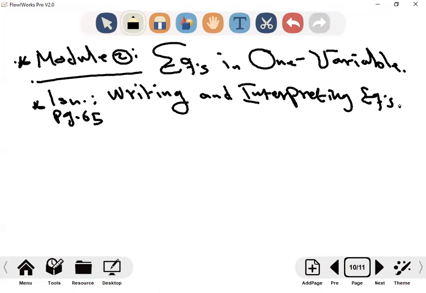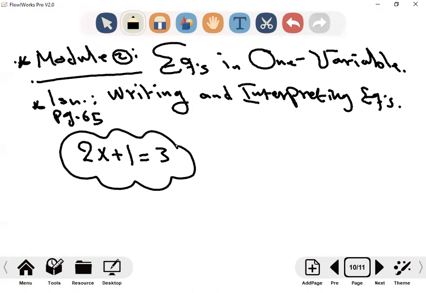You need to differentiate between algebraic expression and equation. If I say 2x plus 1, this we call an algebraic expression. If I have an equal sign with the other side, this we call an equation. Without equal, it's not an equation. Done?